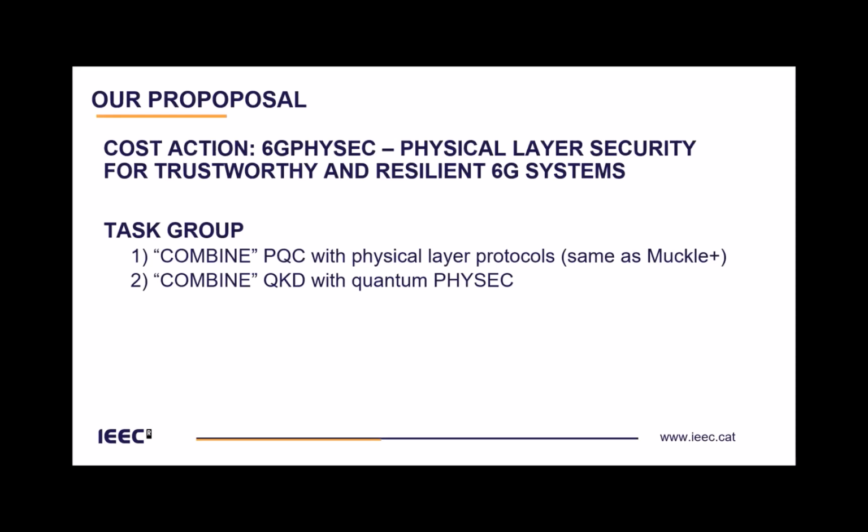The first idea would be to combine PQC with physical layer protocols, meaning the Muckle, but plus the physical layer wiretap protocols. And then what we would like is crypto-agility at the physical layer. It's not what NIST is considering, but our proposal is that it's very useful.